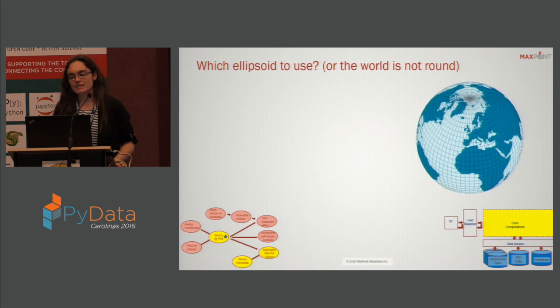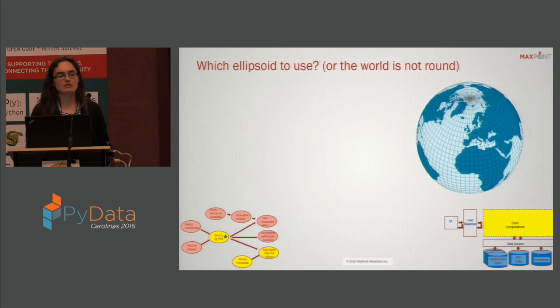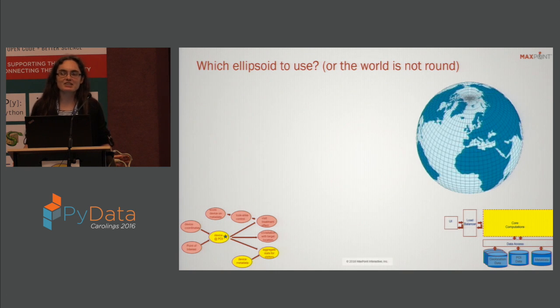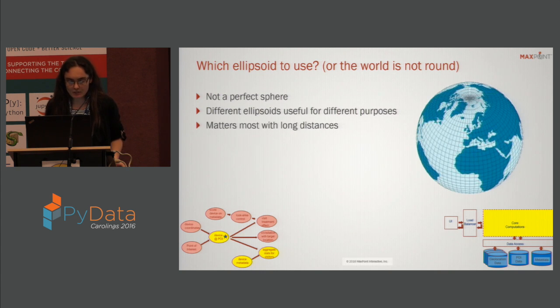So when you're doing distances over long distances, you need to choose an appropriate ellipsoid because the world is not exactly a sphere. It's not exactly round. It's also not flat, so neither of these are acceptable. You need to choose the appropriate geodetic system and the appropriate ellipsoid. Different ellipsoids are useful for different purposes, and again, it matters with long distances.